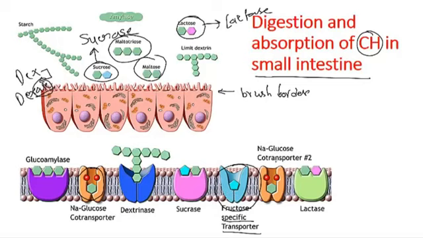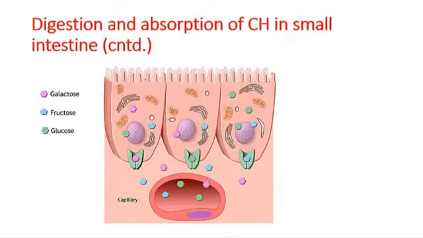Here you see the process: once glucose, galactose and fructose have entered the cell, they are transported out into the capillary by facilitated diffusion, where a carrier protein is required to transfer those monosaccharides.